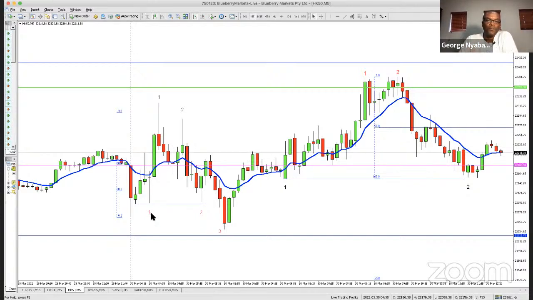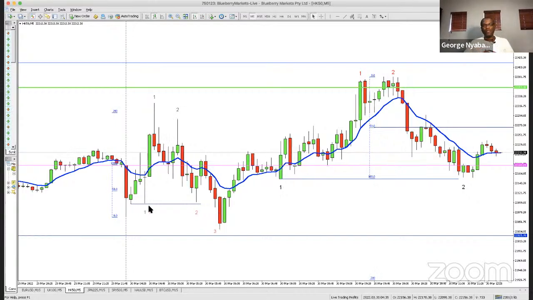So for me, that became a key higher low, the low of the day. It's a double bottom, but it's all within that magical number of six candles.